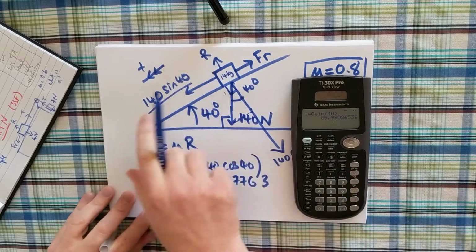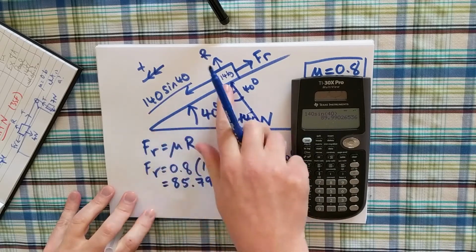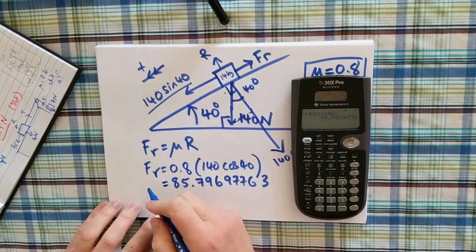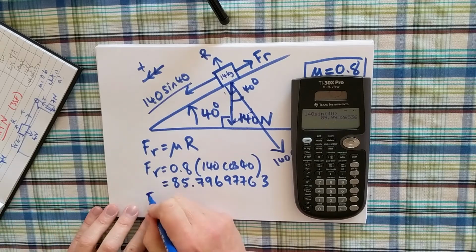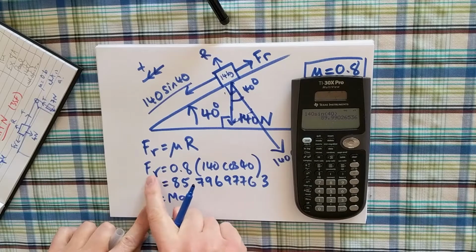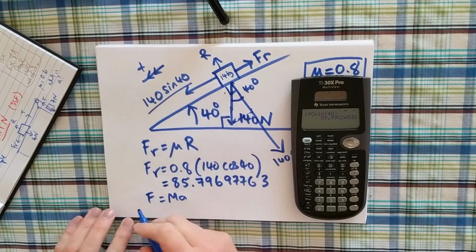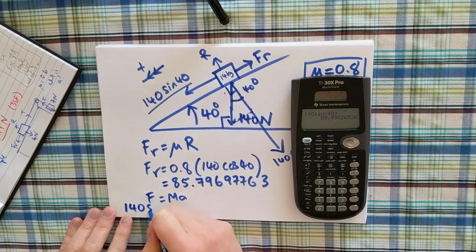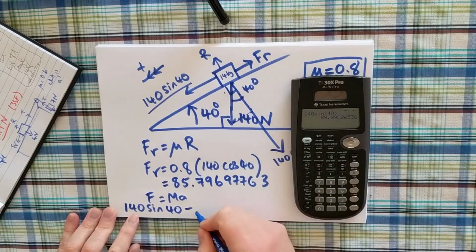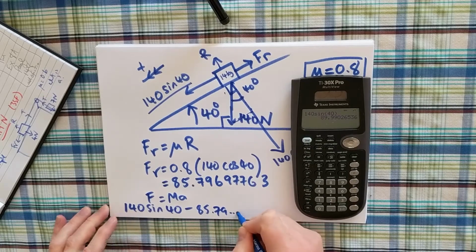The force that's pulling it down the slope, the component parallel to the slope, is 89.99. So here we have F equals ma. This is all the forces. This is just the frictional force. The one that's pulling it down the slope is 140 sine 40. Take away the friction, which is going in the opposite direction, which we know is 85.79 and so on.